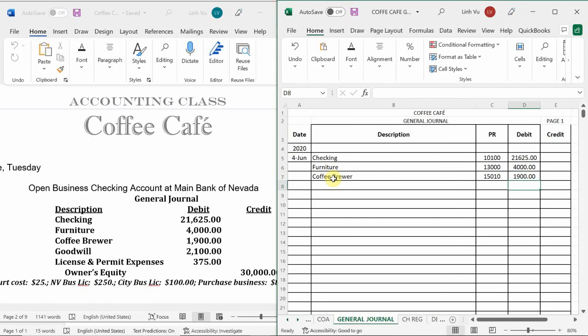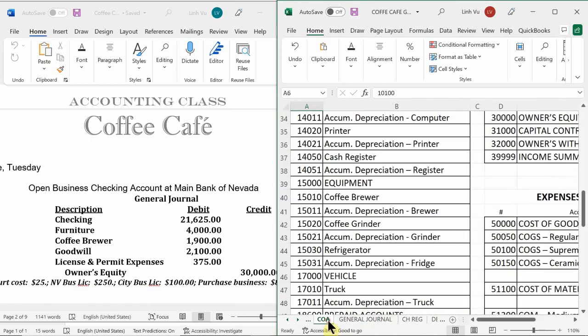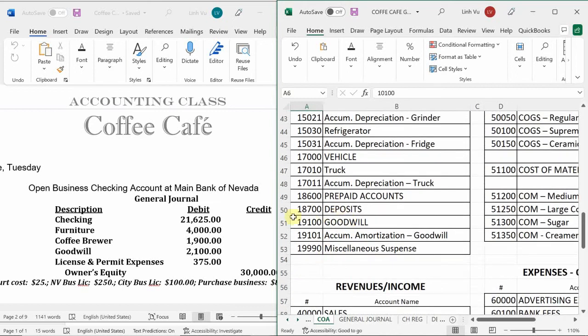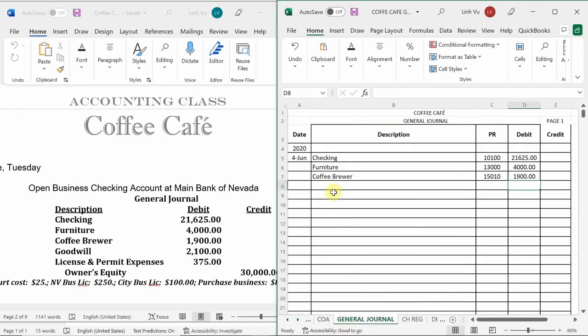We bought the business for more than what it's worth, so we gained goodwill out of it. So 19100 goodwill, for $2,100.